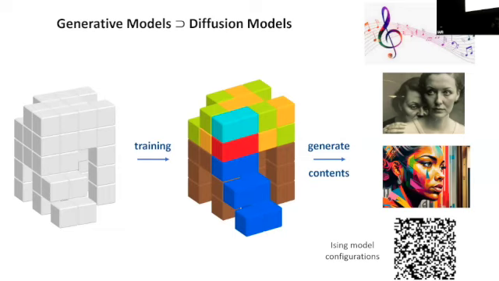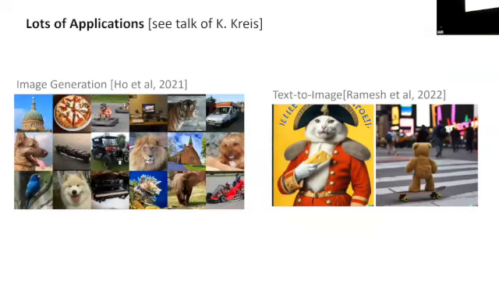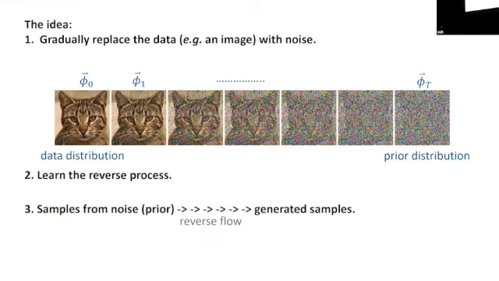It could be music, it could be images, or field configurations. I was told that this Ising model configuration looks like a QR code, so we can try to scan it. Anyways, it has caught a lot of recent attention, and there are a lot of day-to-day applications. And the idea is very simple.